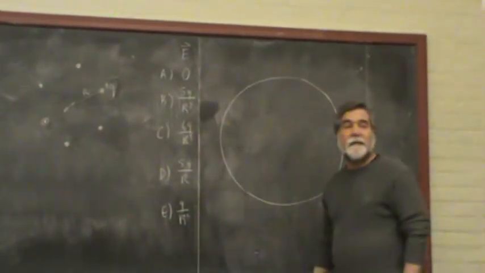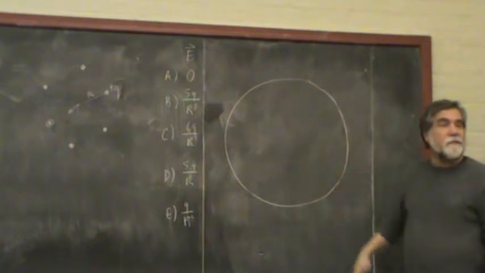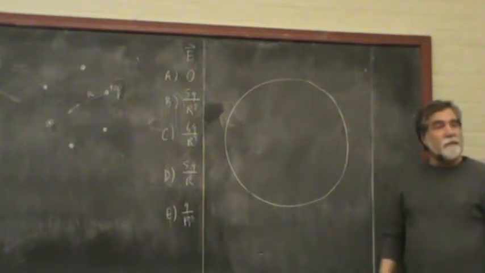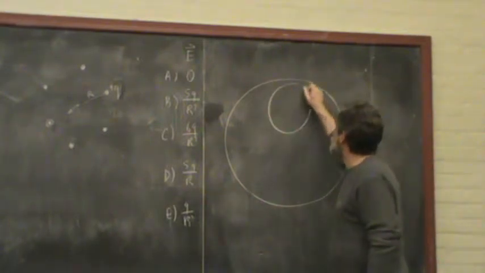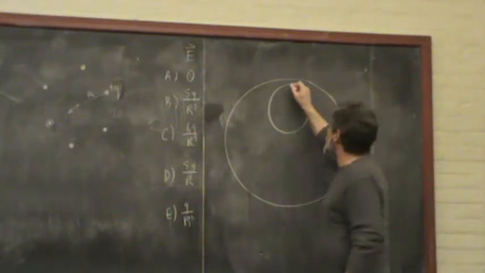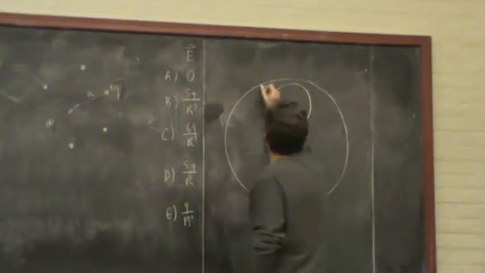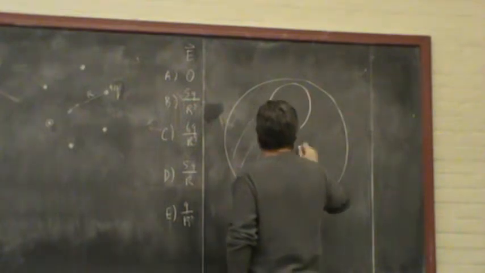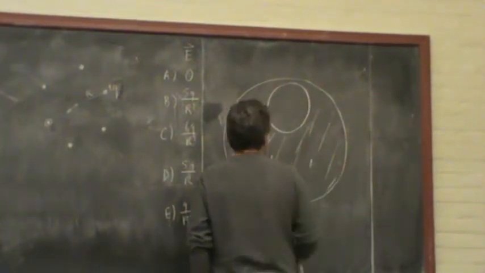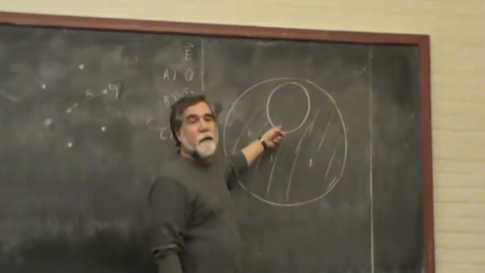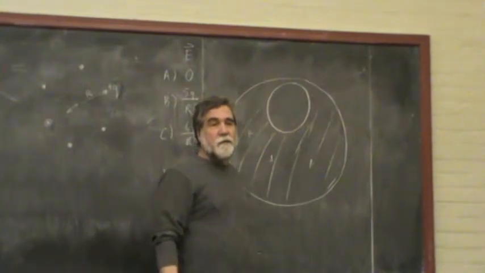I have a uniform distribution of charge, spherical uniform distribution of charge, out of which I carve a Death Star. Yes, okay, it's a Death Star. So over here, I've got charge distributed throughout. Over here, I've got nothing. So I just carve a hole in this distribution of charge.